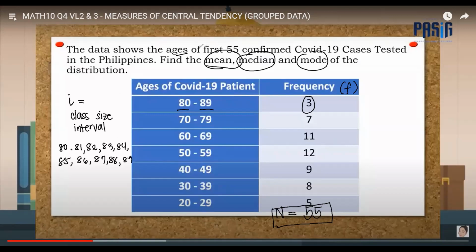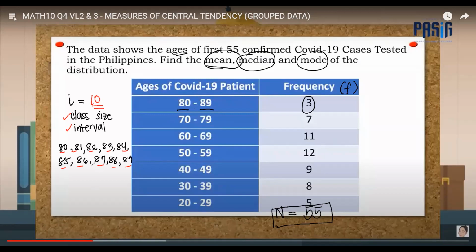So kapag binilang niyo yan, ilan yan lahat? 1, 2, 3, 4, 5, 6, 7, 8, 9, 10. So ang class size natin or ang interval natin ay 10. Ibig sabihin, from 80 to 89, there are 10 ages na sakop ng bracket na yun. Okay? Yun po yung ibig sabihin ng class size or ng class interval.